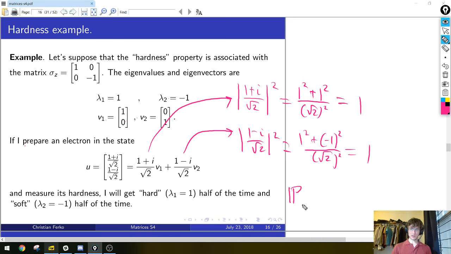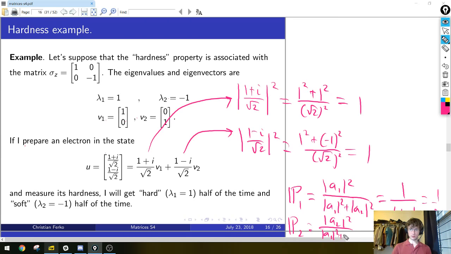And as we saw, the probability of getting 1, for instance, will be the norm of a1 squared over the sum of these two, which I should have set to 1, but I didn't. So the probability of getting 1 will be 1 over 1 plus 1, which is a half. In the same way, the probability of getting 2 will be a2 squared over a1 squared plus a2 squared, which is also 1 over 1 plus 1, or 1 half.